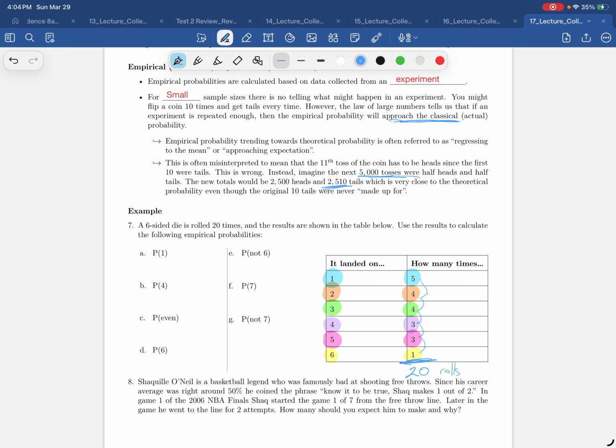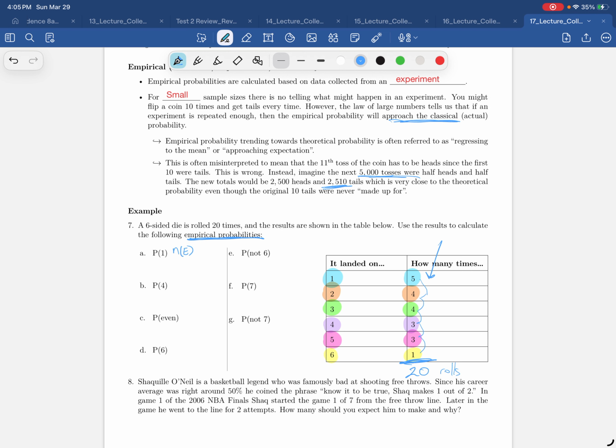But when we actually rolled the die, we got a 1 5 times. So this is the number of items we're looking for over the number in our sample space. And remember, we rolled it 20 times. So this would be 5 out of 20, or 1/4, or 25%.